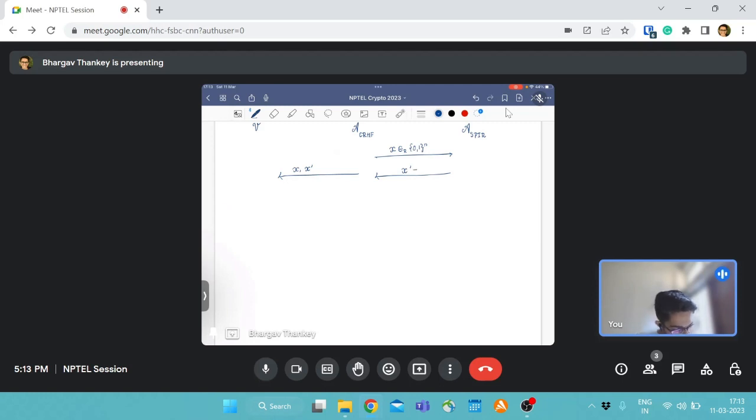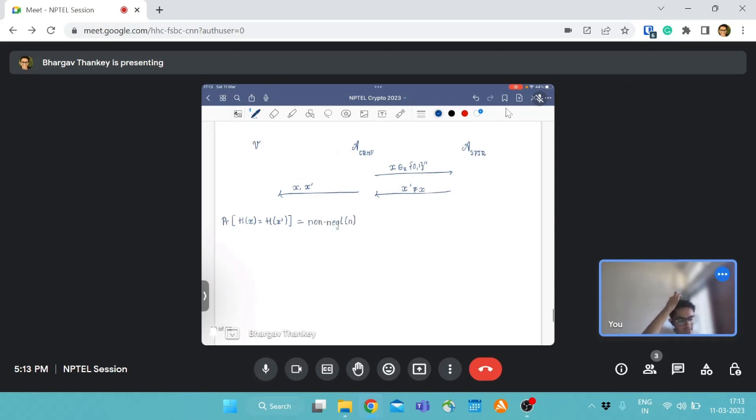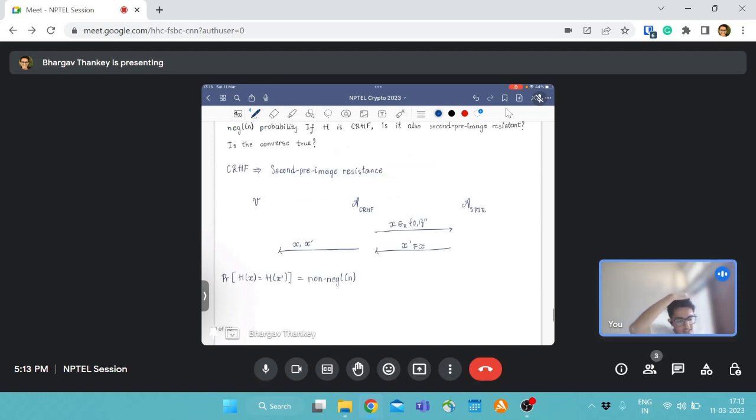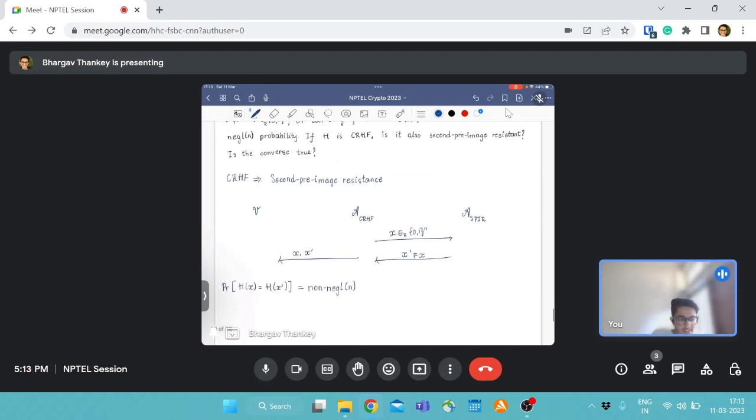Now, x prime not equal to x. The probability that h of x is equal to h of x prime is non-negligible. Why? Because this is an adversary for second pre-image resistance. So given a random x, it is able to find an x prime so that h of x equals h of x prime.